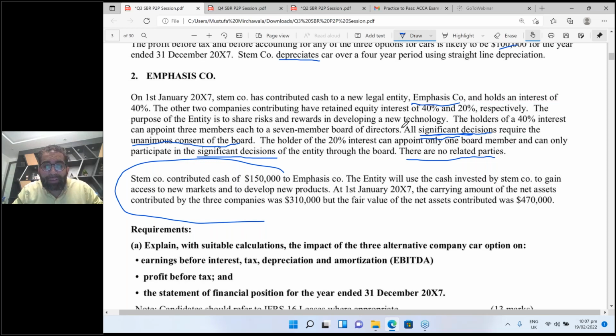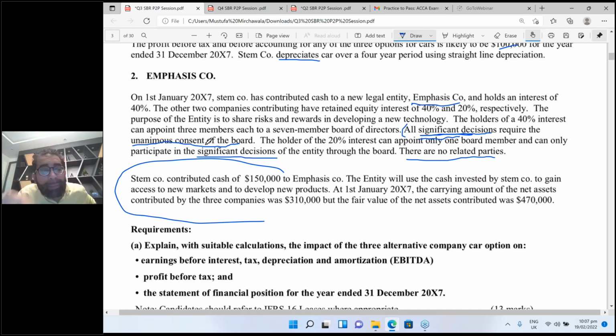Why? Because of this line: all significant decisions require the unanimous consent of the board. Unanimous consent of the board means all 7 members must vote, and 1 member belongs to that 20% guy.